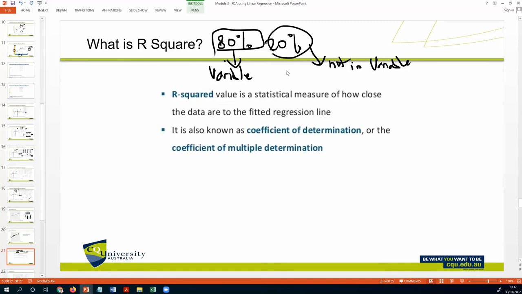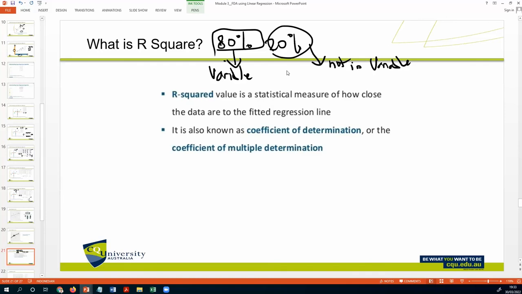If the R square is 80%, the variables that we use represent 80% of the total variable population. The higher the R square, the better. If the R square is low, it is not good, meaning the variable only represents a small amount of the variable population.